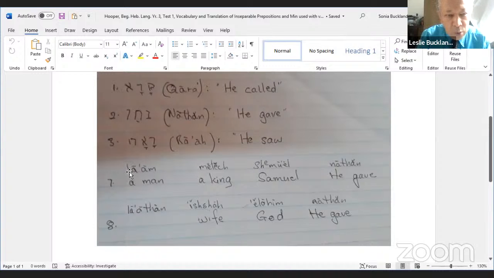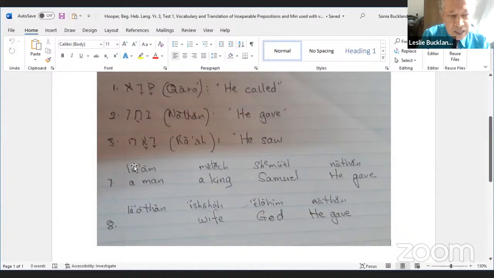Originally, what was there is you had the simple shawa under the lameth, le, which means to or for. Then you had the definite article consisting of the he, our H, and under the he was the kames, the long a sound. But when the inseparable preposition is attached to the definite article, this is what happens.